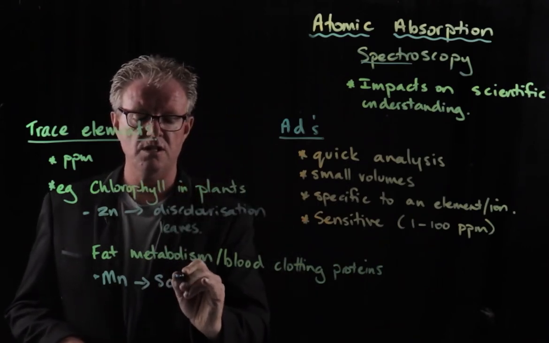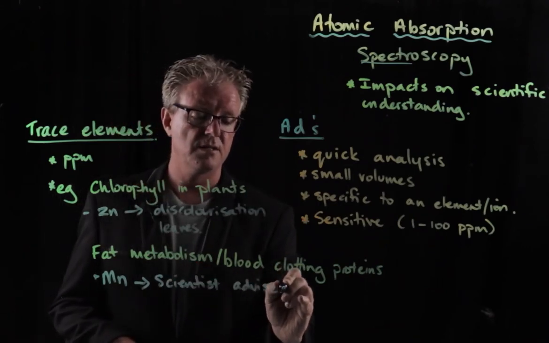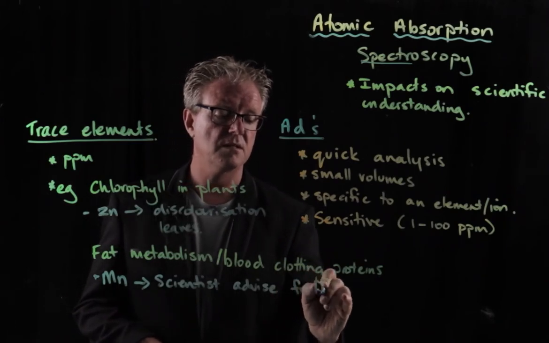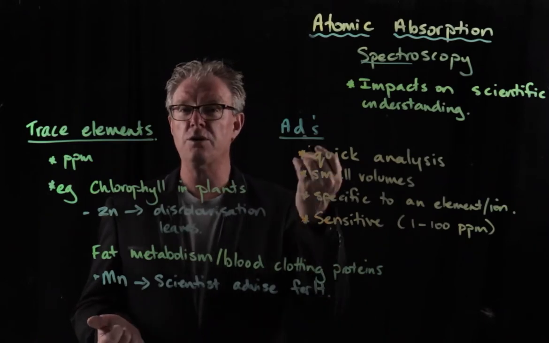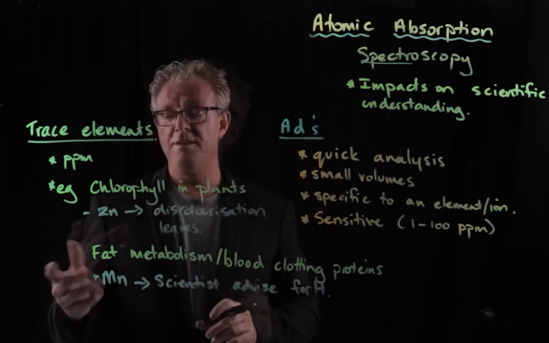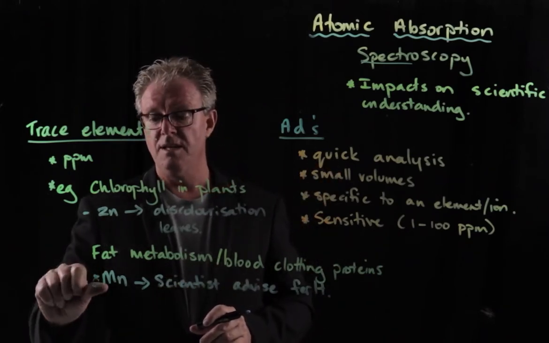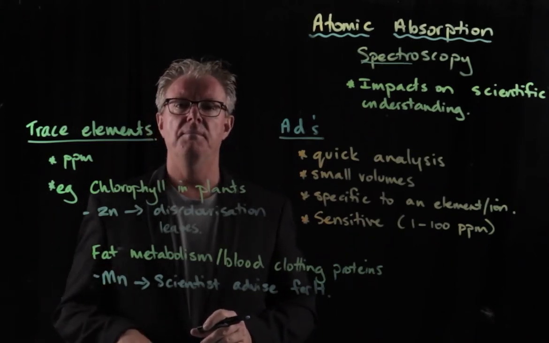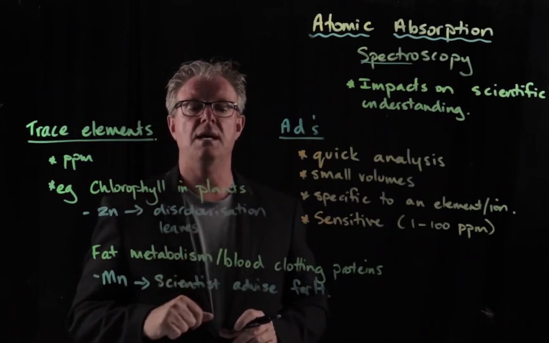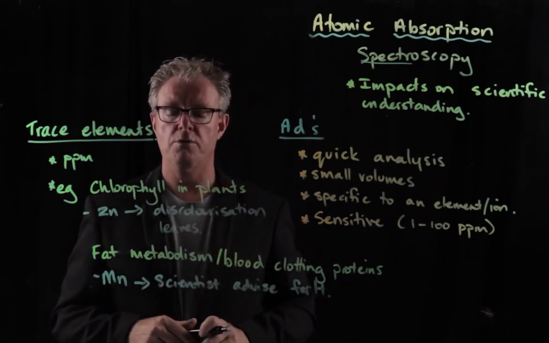Scientists advise fertilizer companies to put more manganese into their fertilizers, increasing the concentration in the soil, and when the sheep eat it, they have more manganese, which means they have proper fat metabolism and produce blood clotting proteins.